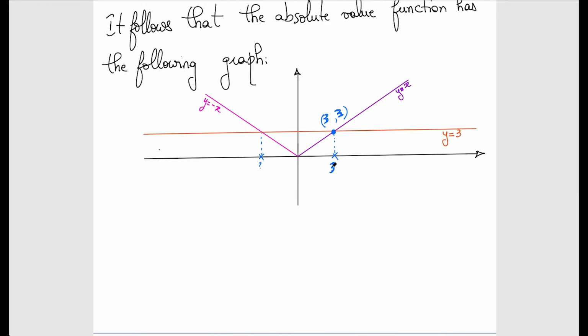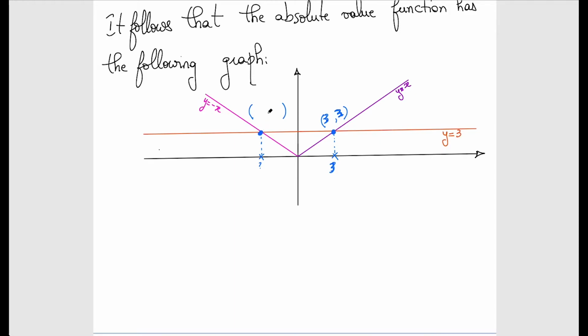Okay. All right, so we're gonna play the same game here. This point belongs to the pink graph, which means the x and y coordinates are almost the same up to a change of sign, right? But this point also belongs to the orange graph, and the orange graph has all the points whose y coordinate is 3.